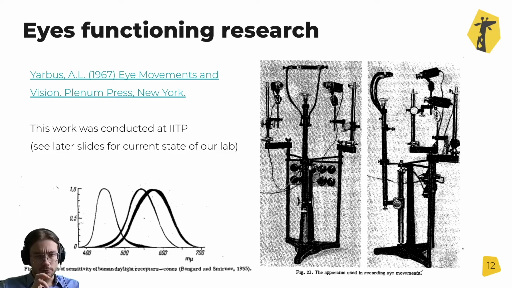A couple of slides later, I will give some ideas of how these systems look nowadays, but much of this research was done at IITP. You could check out the book and maybe read it, because most of the things are still presented, and they were dug deeper and developed, but still the basis is here.